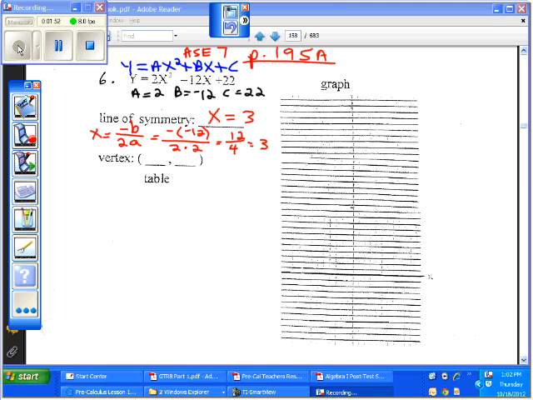So step 1 is to find the line of symmetry. And then it says to build a table of 7 points. Now you could do it with 5, but we're going to use 7. We're going to put what y was equal to, 2x squared minus 12x. I may ought to make that bigger.